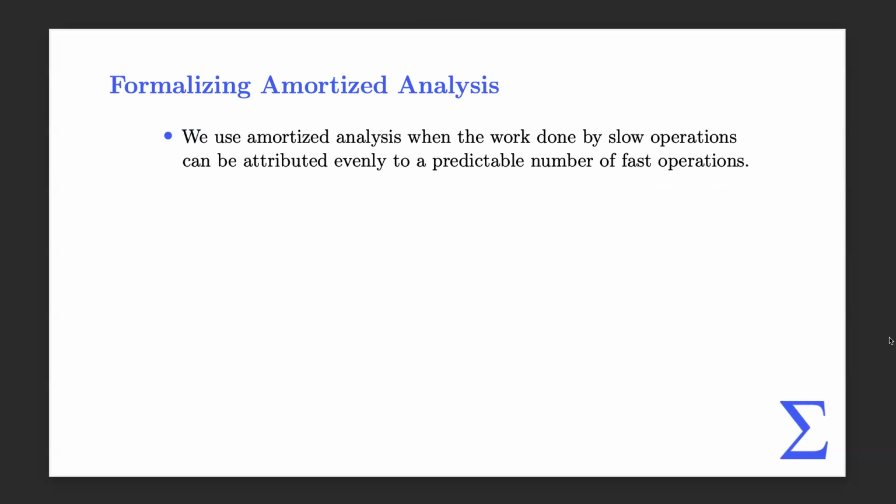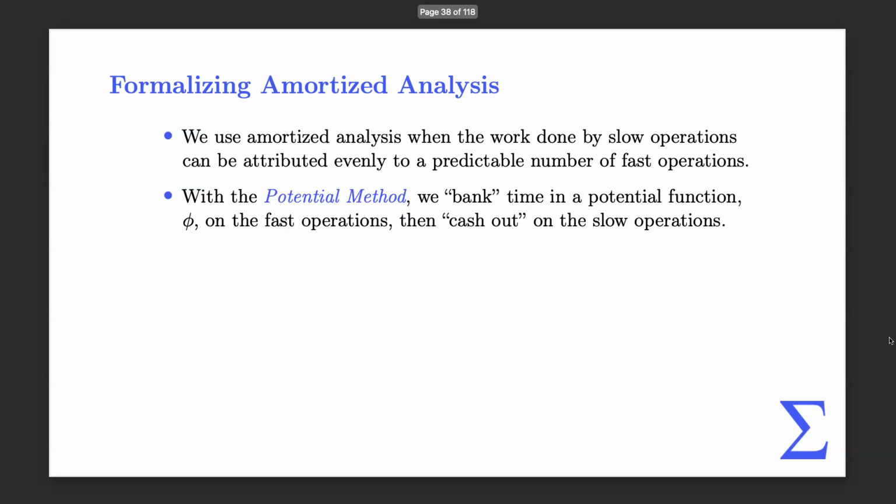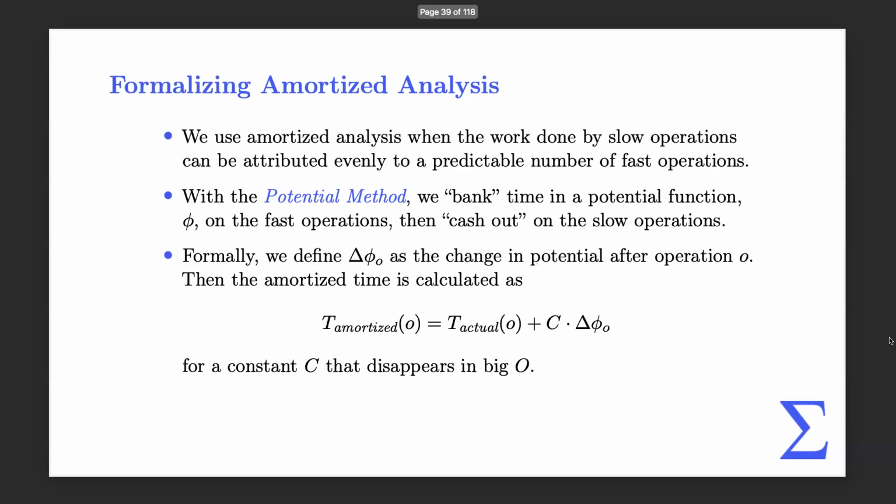If something is fast, that makes something slow later, you can take advantage of that if you know how much slower it's going to be later, and then redistribute the work. More specifically, we create a potential method where we bank time in fast operations and cash out in slow operations.